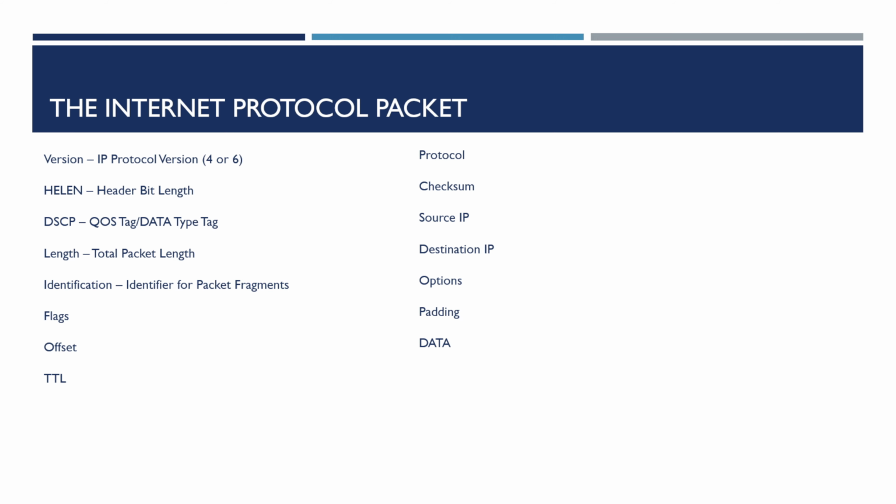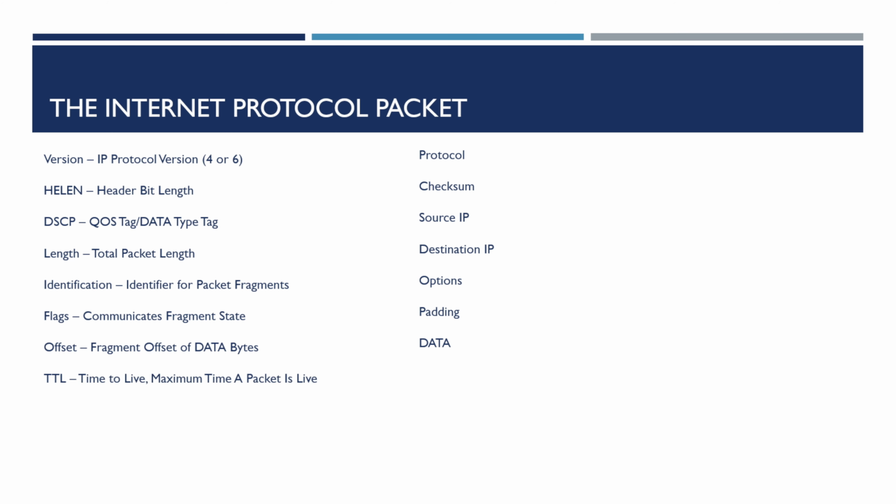If a packet has to be broken up and the data has to be sent over multiple packets, this is an identification for reassembly on the other side. Flags communicates the fragment state. Offset, again, is the fragment offset of the data bytes. It's all about if the data has to get broken down into smaller chunks as it goes across. It's about reassembly, all those flags right there.